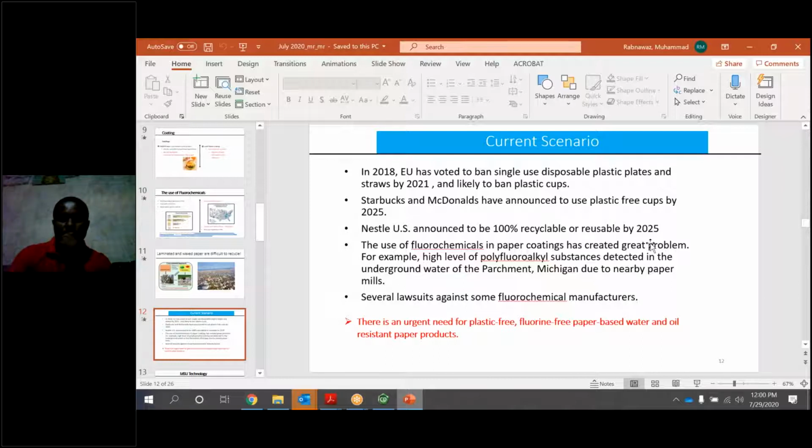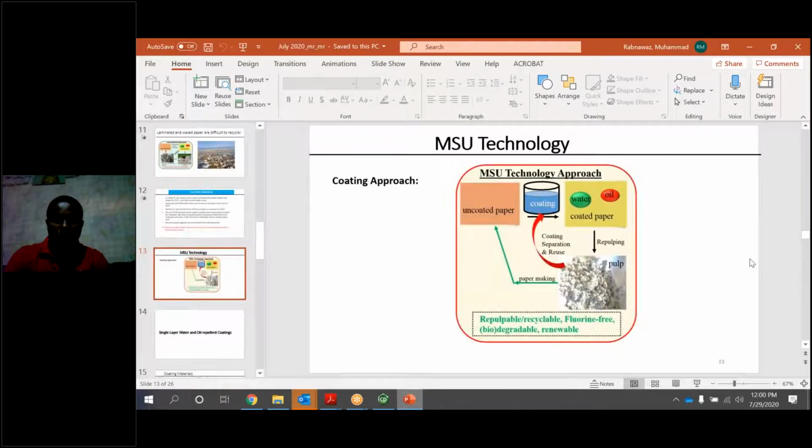Different companies have different particular milestones by year, right? There are several lawsuits against fluorochemicals manufacturers. So there is a strong need for a plastic-free, fluorine-free paper-based coating which has the properties of oil and water repellency. Okay, so we thought we could do something different.